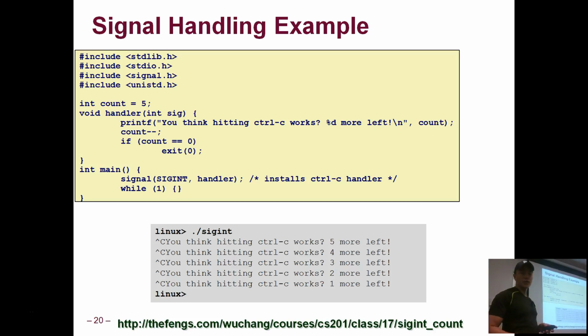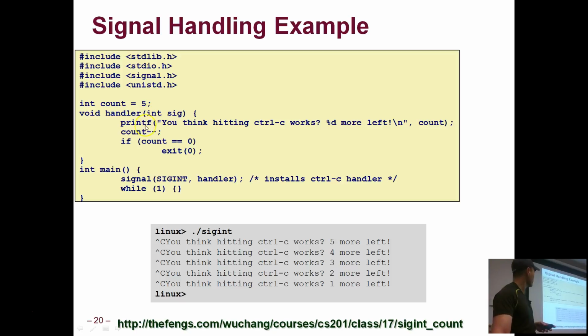Okay, so here's another example. I install on Control-C another handler, and this handler will print this message and will print count. And you see count is a global variable that's set to 5. And then it will decrement count, and it will check if count is 0, and only if it's 0 will it exit.